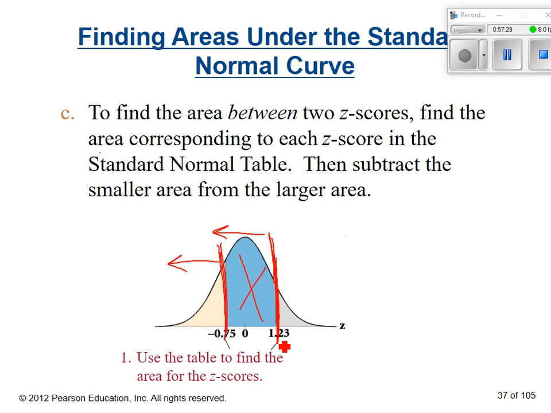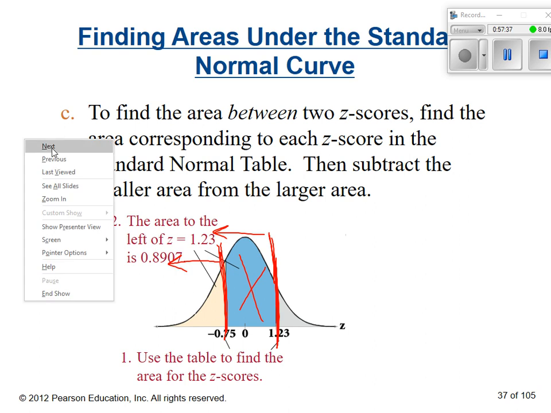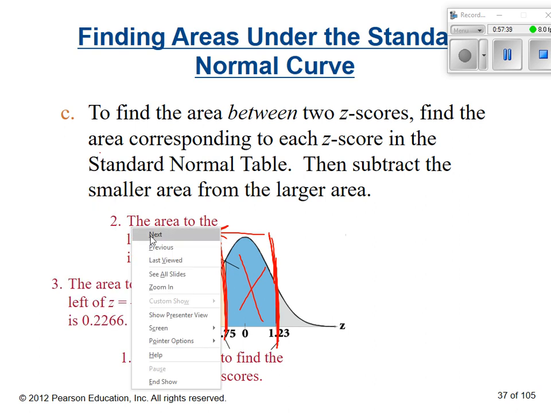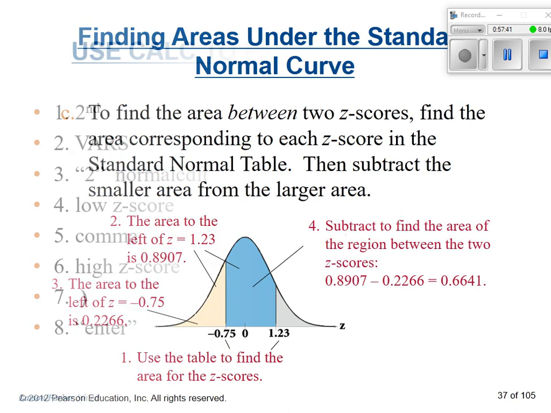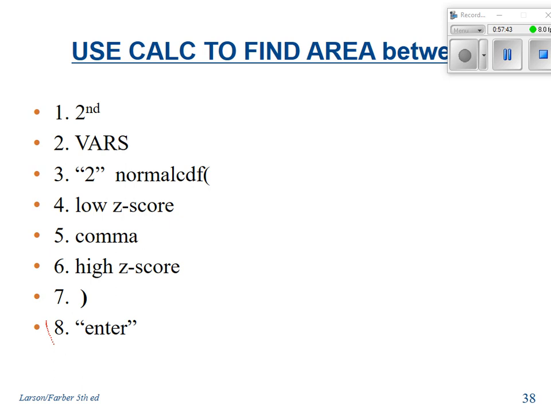So that's not real hard, it just takes an extra step. On your calculator, you can do this a little easier. You put in the low z-score, put in the high z-score, and it'll do it for you.